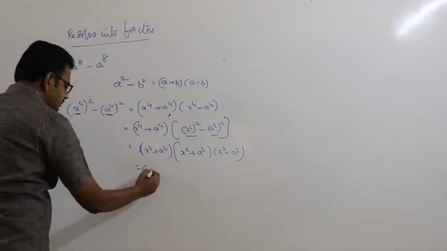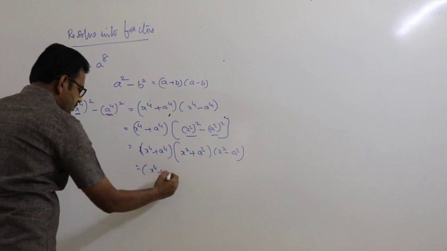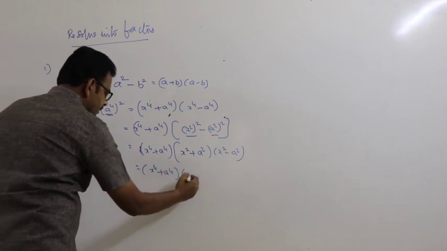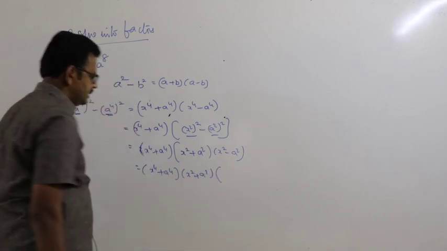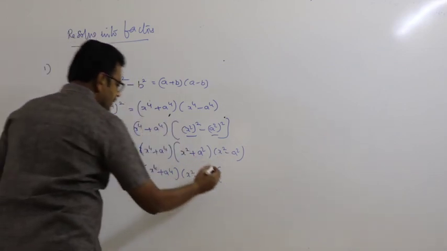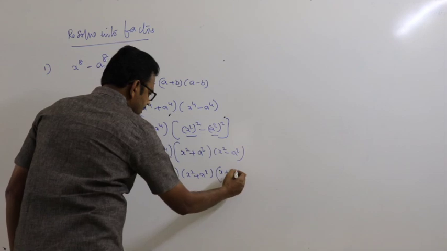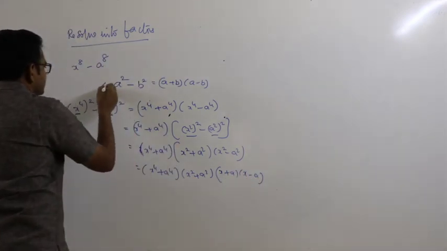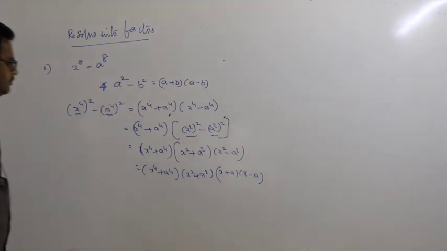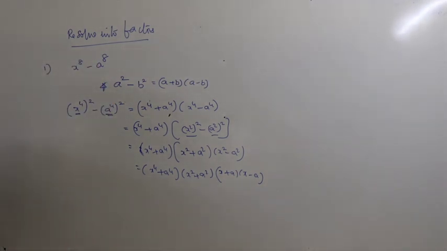That is x power 4 plus a power 4 into x square plus a square. Again this is a square minus b square form. Again this is x plus a into x minus a. So these are the factors.